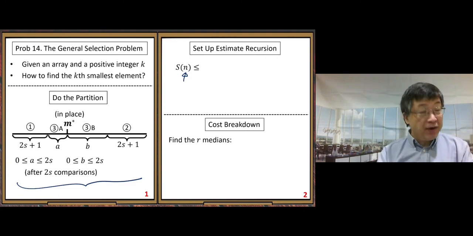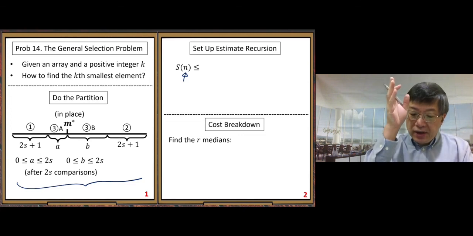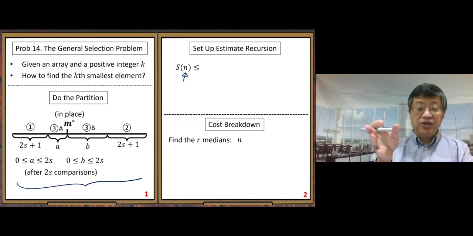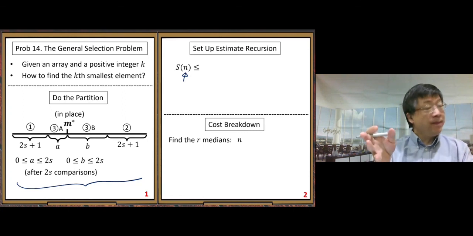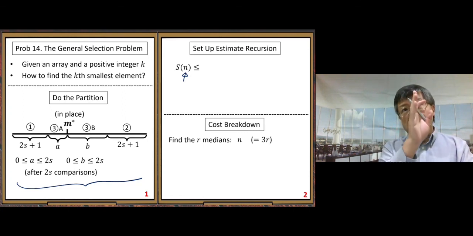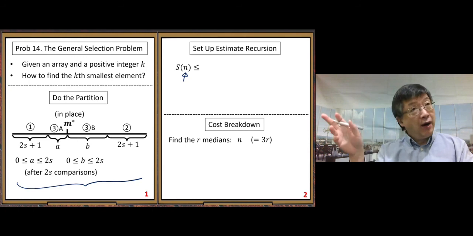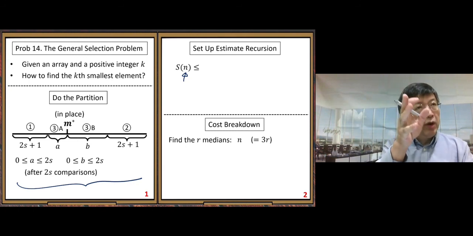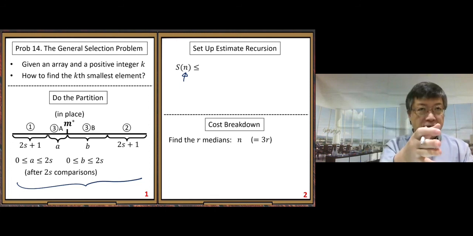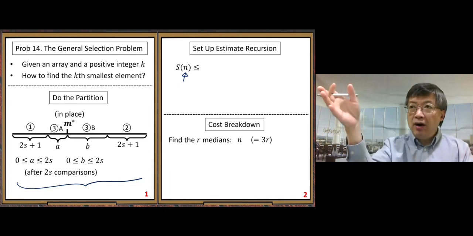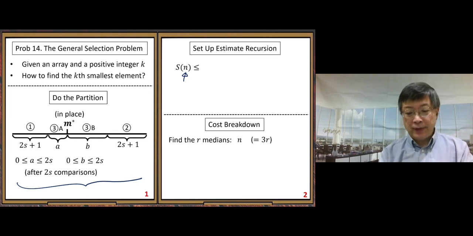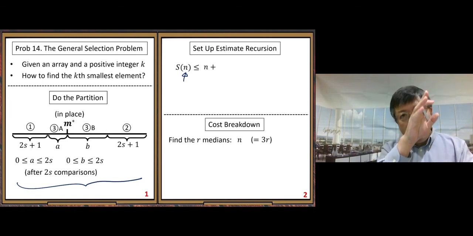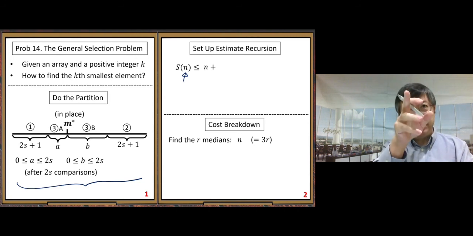How many comparisons do we need to find R medians? The answer is n. Why n? Because n equals 3R. There are R groups. Each group needs 3 comparisons. 3 times R is n. So in our inequality right-hand side, n plus.